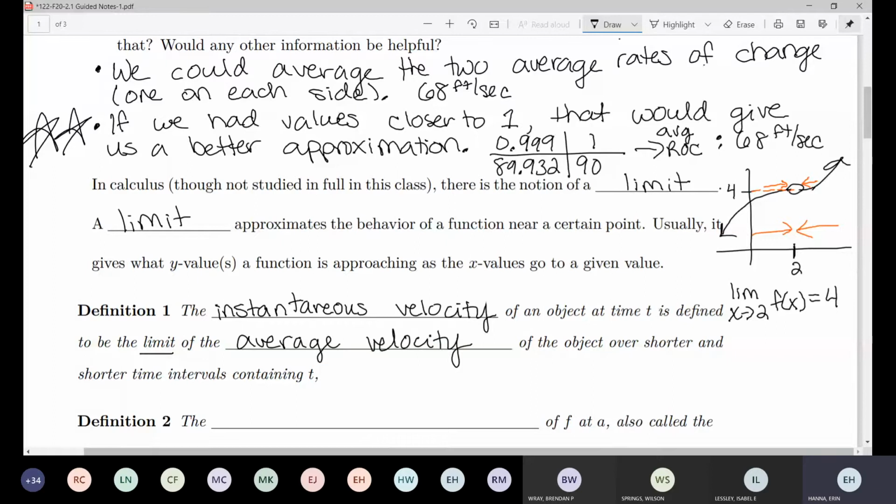So essentially, we're going to find average velocities for the thing we care about and something obnoxiously close to that value, which is why we bring in this idea of a limit: we're taking the two values we're using for the average velocity and making them as obnoxiously close to each other as possible.